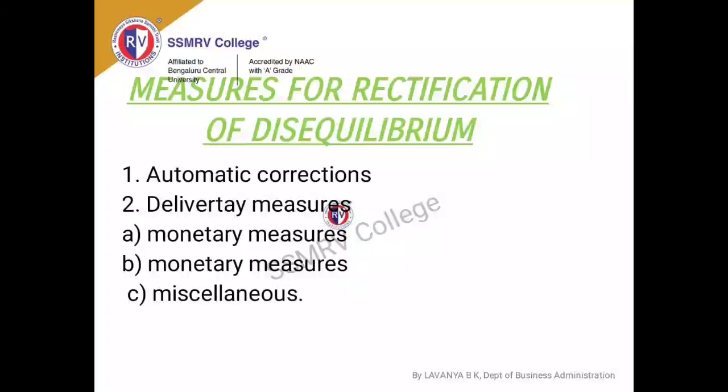The trade measures are divided into export promotion measures and import control measures, just to make sure that your exports are enhanced and given importance, so that you don't have any need for importing. And the last one is miscellaneous measures, which include loans in foreign currencies, attracting foreign investments, and attracting NRI deposits, just to make sure your situation can be made a lot better.